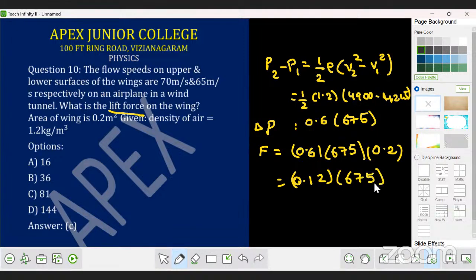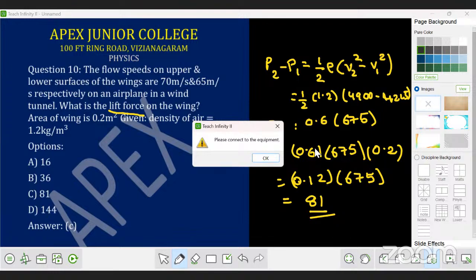By multiplying these two, you will get nearly 81. Then the answer will be 81 only. Okay, here in case of wings, it was given the upper surface flow speed, and at lower surface also flow speed was given.